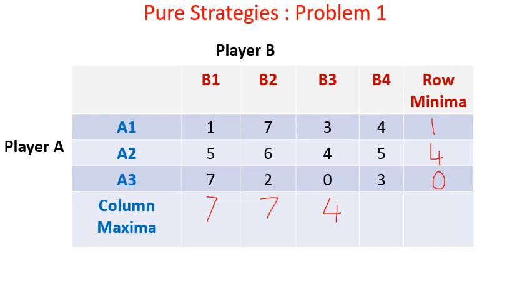You have one more here, B4, and the maximum here is 5. So these are the minimum gains for the respective strategies of A, and these are the maximum losses for the respective strategies of B.